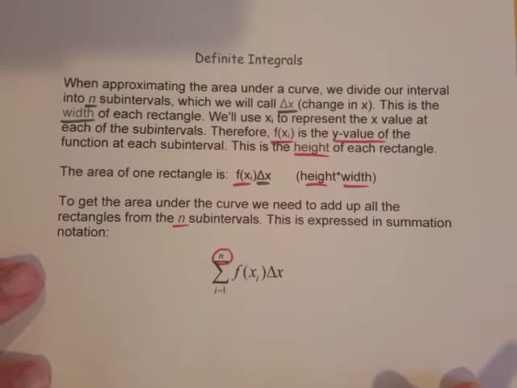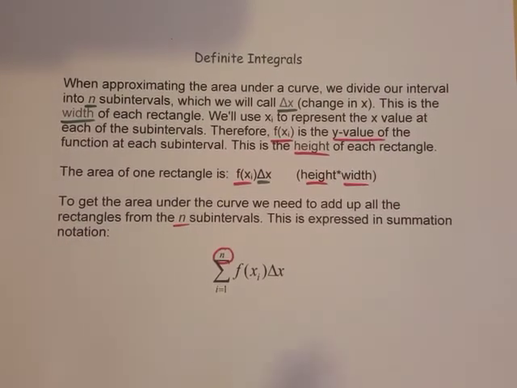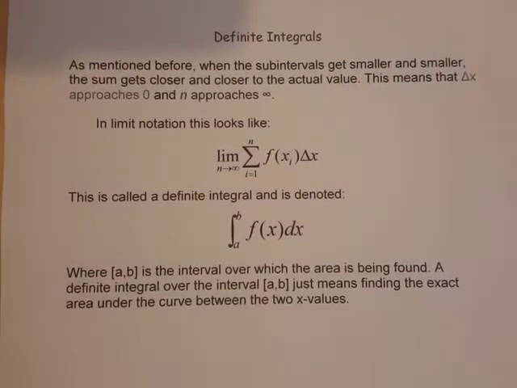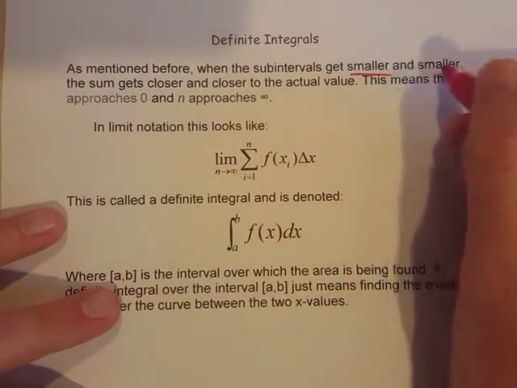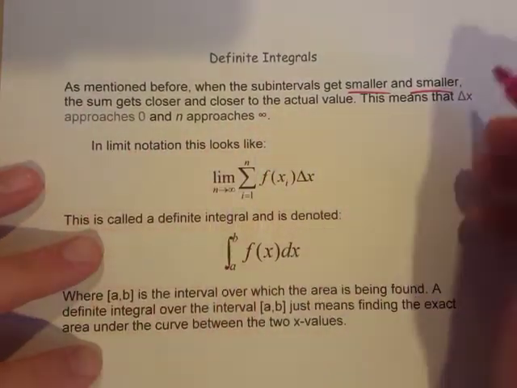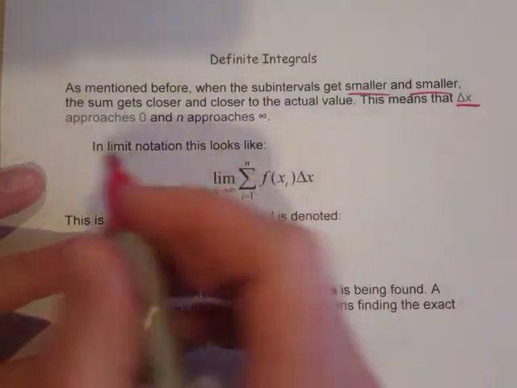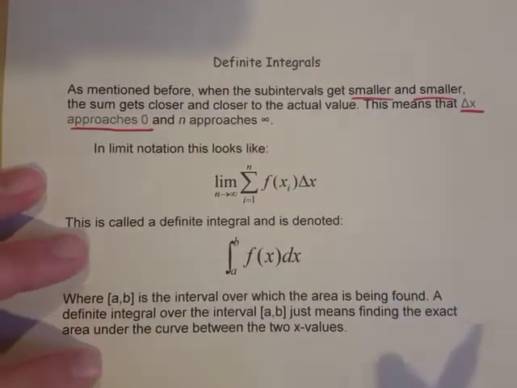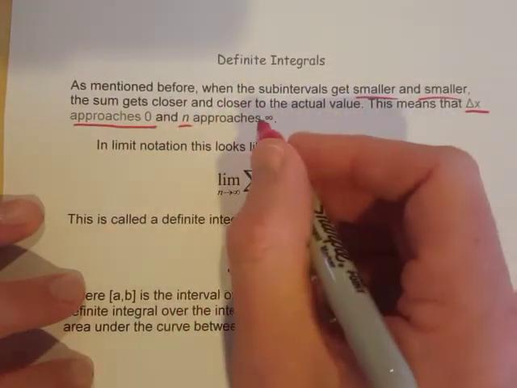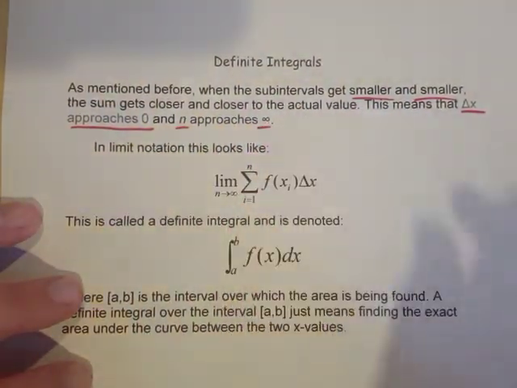Now, as we were talking about before, if we're going to get closer and closer to the actual value under these curves, we want these rectangles to get a lot smaller. The subintervals have to get smaller and smaller, and then the sum gets closer to the actual value. That means this delta x, the width of the rectangle, approaches 0, and n, the number of rectangles, approaches infinity.